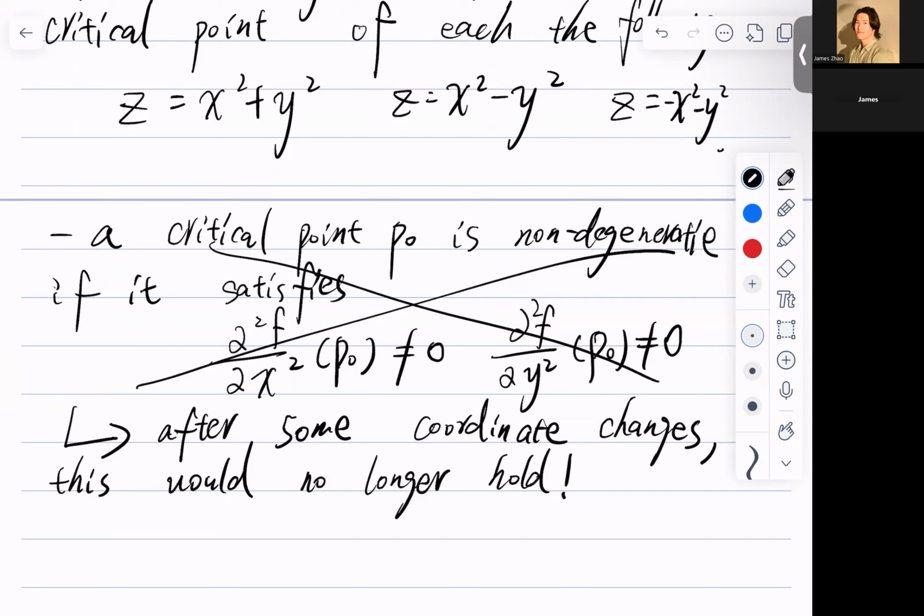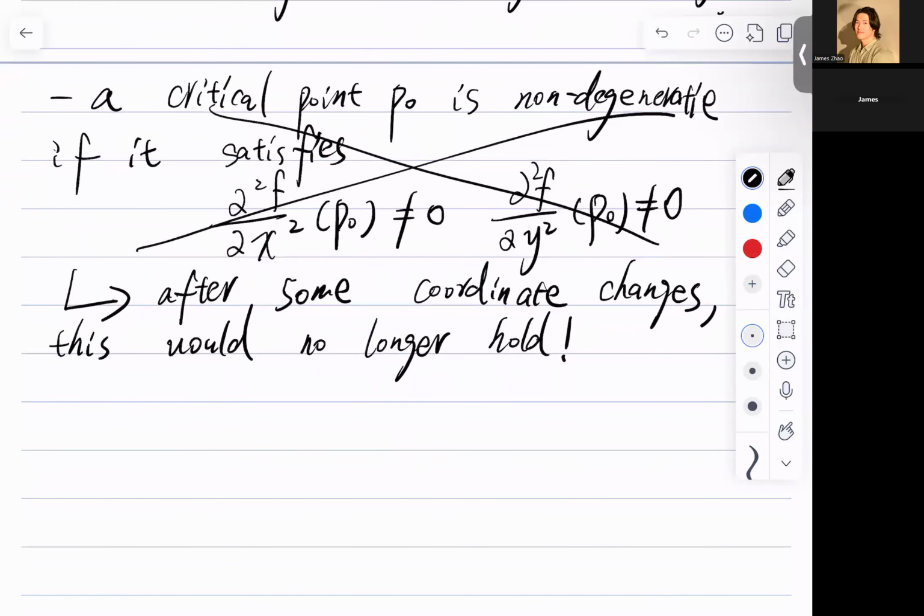But anyways, this is just a detour to show you how important this is, and in this lecture series, we are only going to talk about things at a high level. So I'm not going into the details for that, but highly encourage you to go through that. So, what is the true definition of a non-degenerate point?